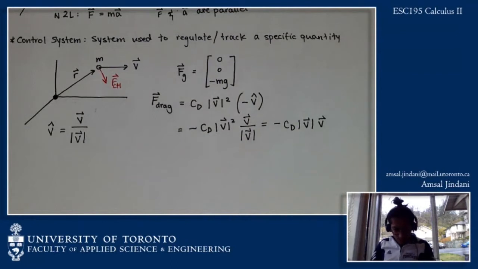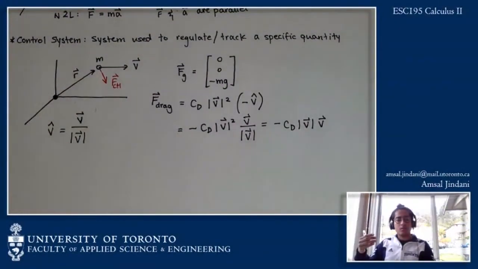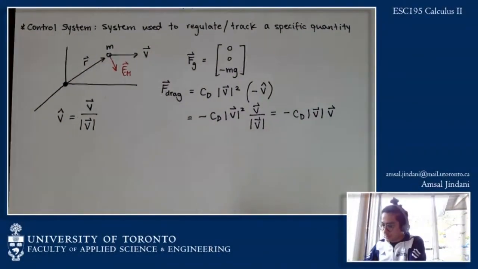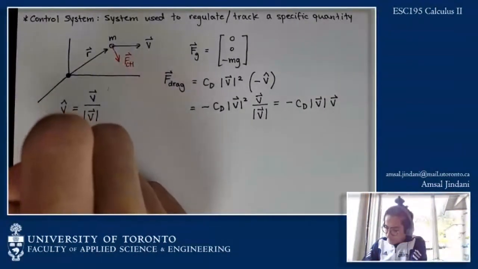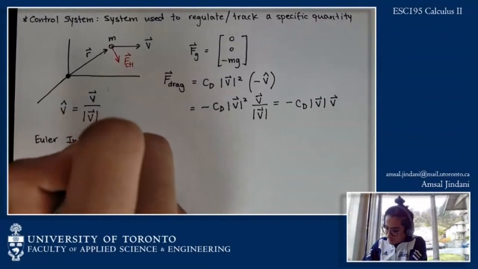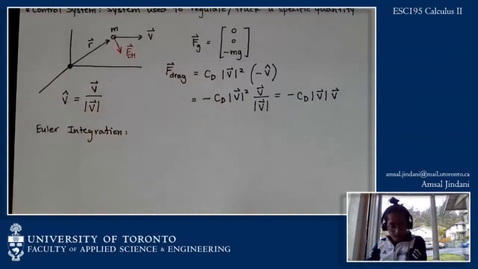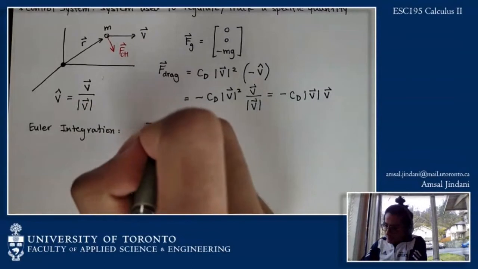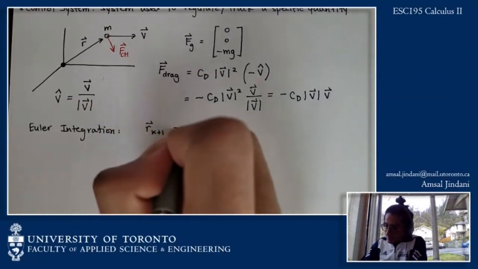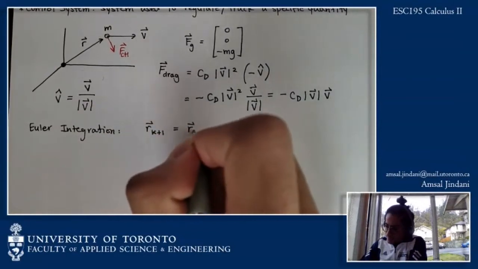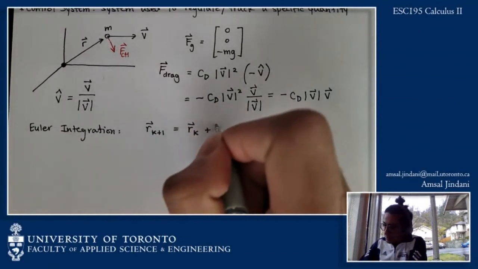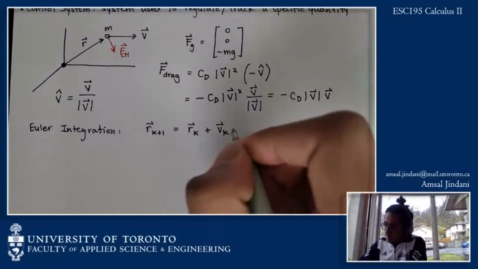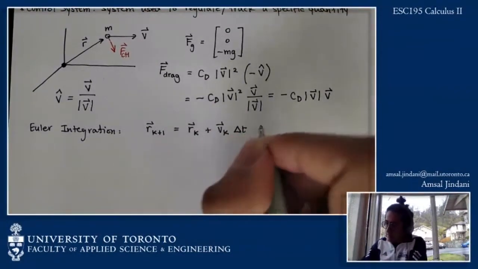Let's see, what else? The way that we're going to be incrementing our position and our velocity variables in time, let's talk about that. We're going to be doing Euler integration. What that means is that the position vector in the k plus 1 time step is equal to the position vector in the kth time step plus our derivative, so our velocity vector in the k time step times delta t.